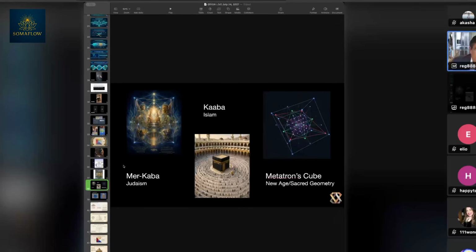And then we start seeing this same symbolism with Merkaba. Mer is supposed to be the light, Ka-ba is a reference to the chariot, but it's also the cube. So if you're missing the light and you only have the Kaaba, then you just have a black cube. And then, of course, Metatron's cube.